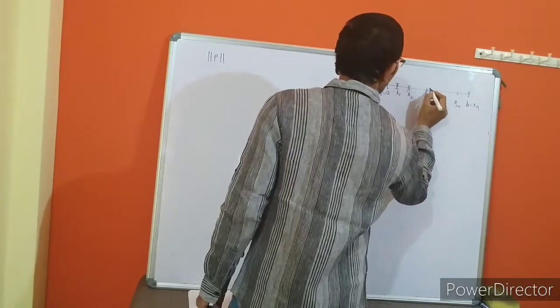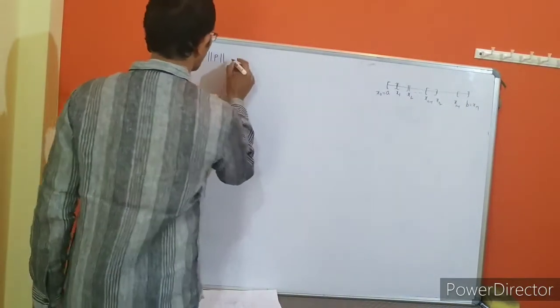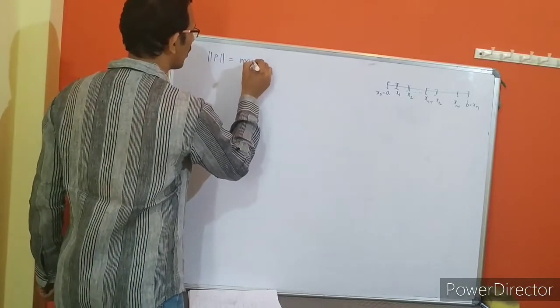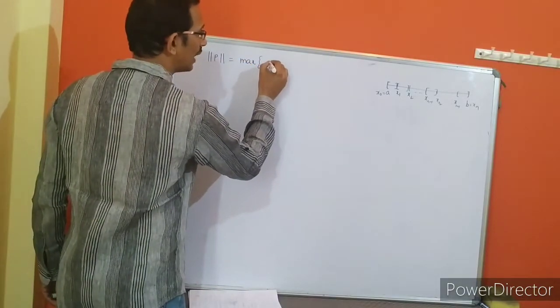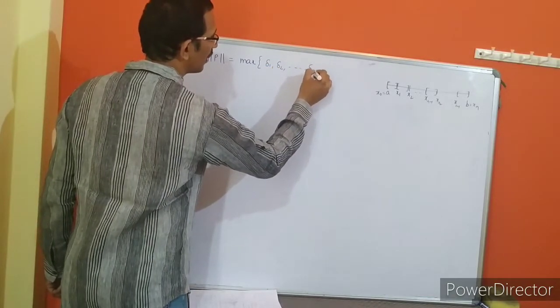We also discussed the lengths delta 1, delta 2, ..., delta n. Then the norm is nothing but the maximum of the lengths of the intervals, that is delta 1, delta 2, and so on up to delta n.